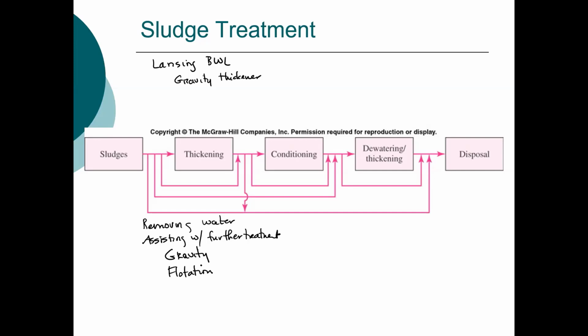So that's typically where you'll see flotation used. Conditioning, we're looking at some sort of chemical or physical treatment to improve dewatering. So for instance, you may add polymers in order to improve dewatering.